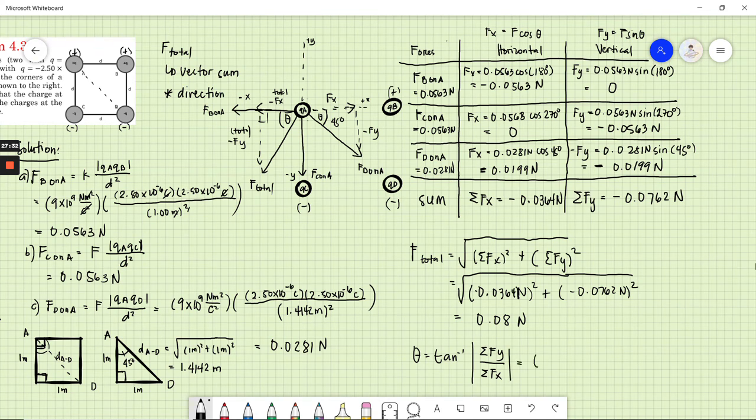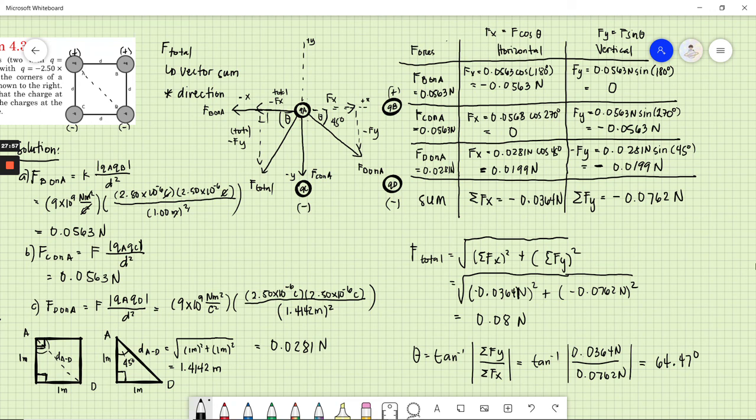So this would give us arc tangent of Fy, no need for the negative, we're using the absolute value, 0.0364 newtons divided by 0.0762 newtons. And this is actually equal to 64.47 degrees.